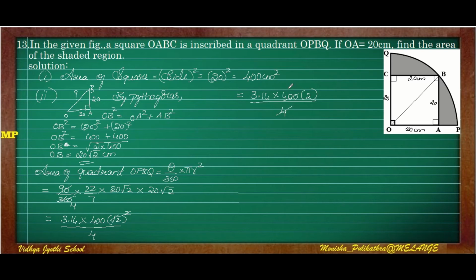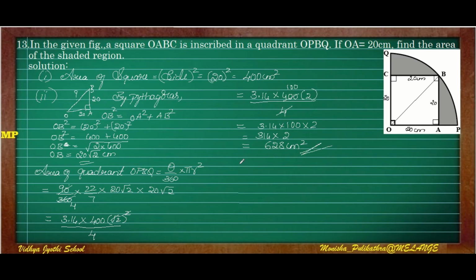Here 4 ones are 4, and 400s are 100. So 3.14 into 100 into 2. We know that there are 2 digits after the point, so if you multiply by 100, the point will shift. So it will become 314 into 2, which is equal to 628 centimeter square. So this is the area of the quadrant OPBQ.